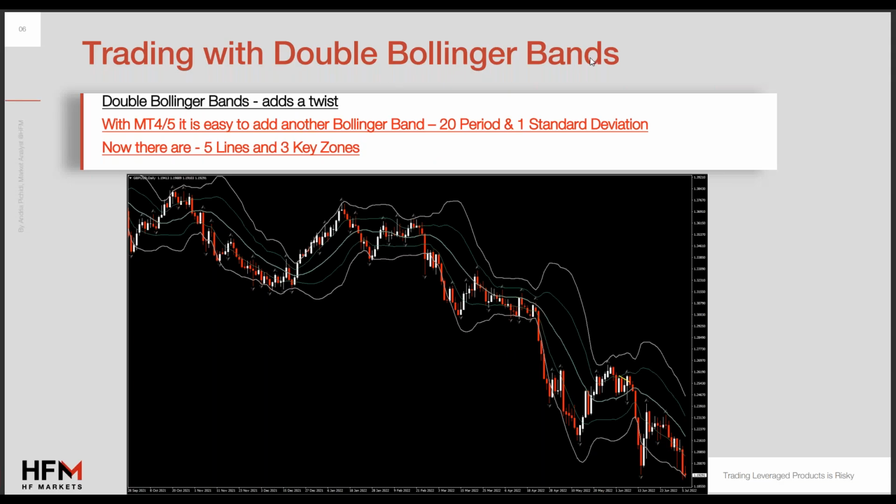Very easy, drag and drop. One default Bollinger with 20 and 2 standard deviations, and the second one 20 and 1 standard deviation. Okay, so as you can see, you have 5 lines, right? 2 upper ones, 2 bottom ones, and 1 in the middle, which is the average.